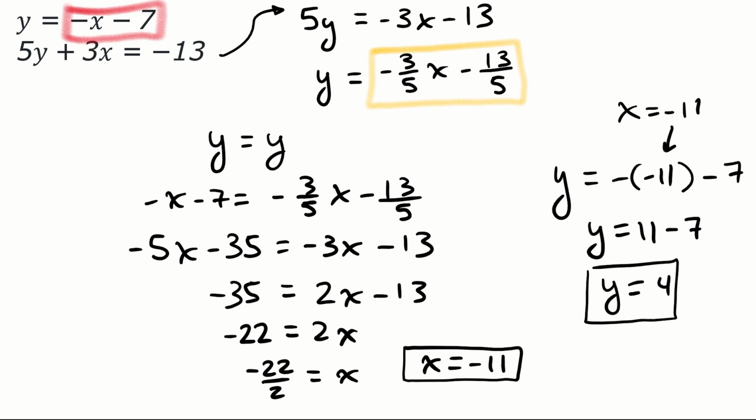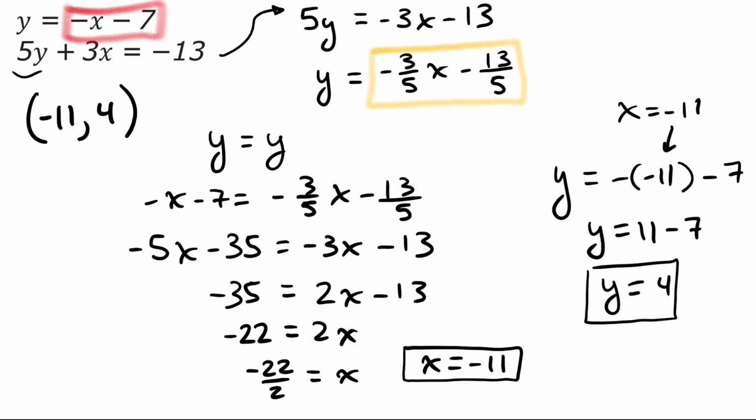And at this point, I believe I have a solution to the system. I'm going to write it as an ordered pair. X is negative 11, y is 4. And just visually here, I'm going to check this in the second equation. I'm going to go 5 times 4 is 20, and then that's going to be 20 minus 33.